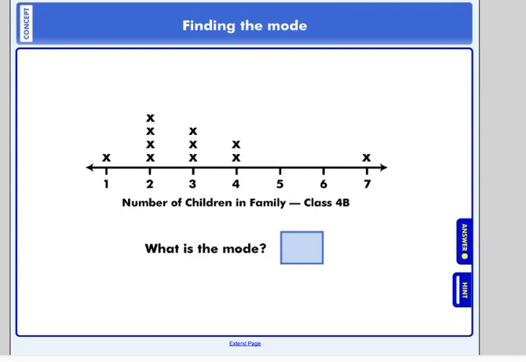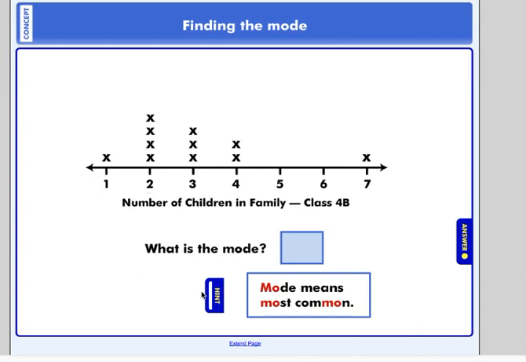Finding the mode. What is the mode of this set of numbers? If you look back at your definitions, remember the mode is the value or values that occur the most often. In this case, what response was given the most often? Okay, more students said that they had 2 children in their family than any other response.